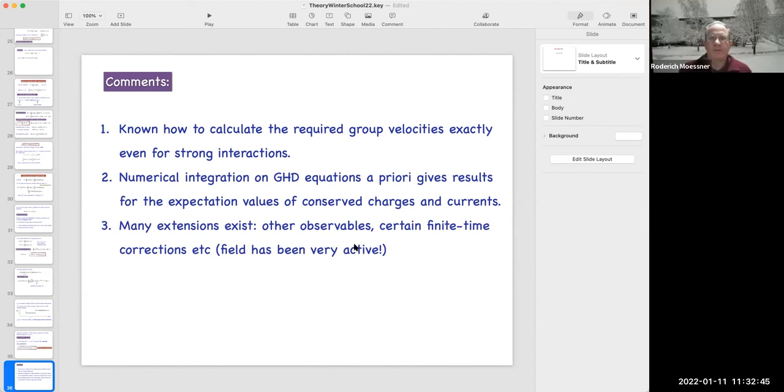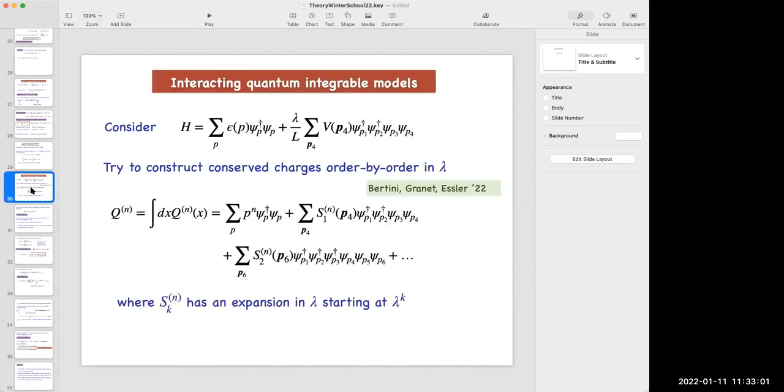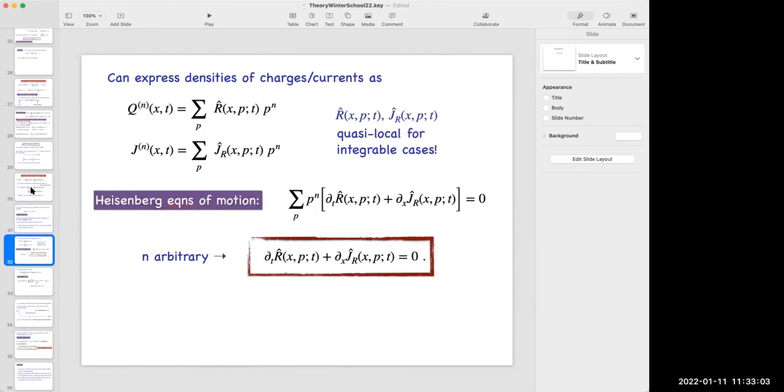Okay, any other question? I have one naive one. Sure, please go ahead. Just one clarification question. When you're generalizing to this interacting integrable case, in the non-interacting case, did we have a generating function also for the current?